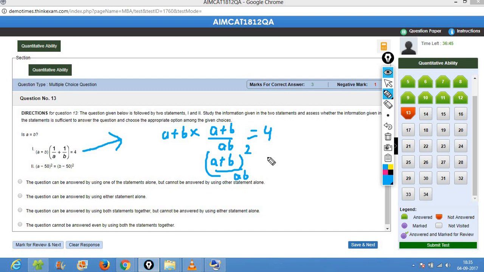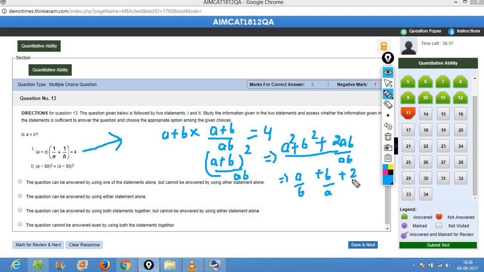Equal to 4. Okay, I have to tell whether A is equal to B. Let's divide this part. How much will I get? This is A square plus B square plus 2AB upon AB. So this will come out to be A upon B plus B upon A plus 2.